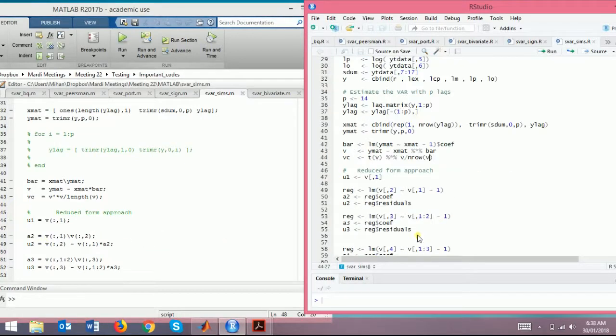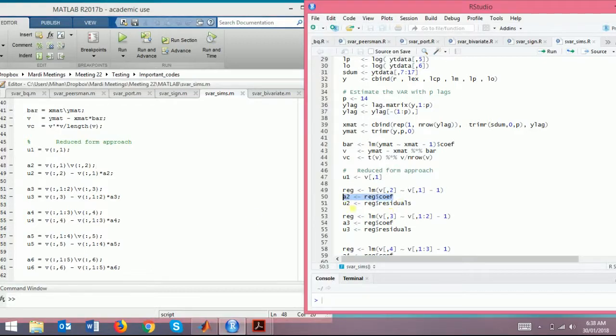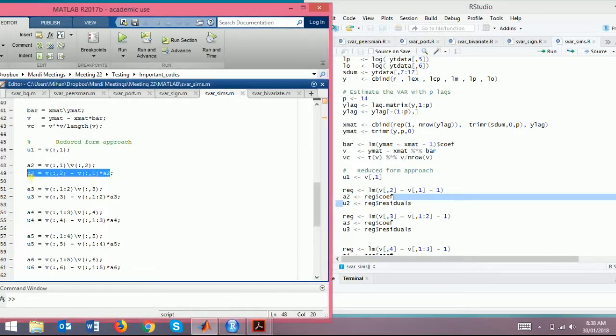Okay, then we are gonna come back to the reduced form approach, residual. Then phi1 is u1, u2 regressed on u1, regressing u2 on u1. u2 is then the residual again. u2 is this regression coefficient, u2 is regression residuals. u2 minus u1 into a2.